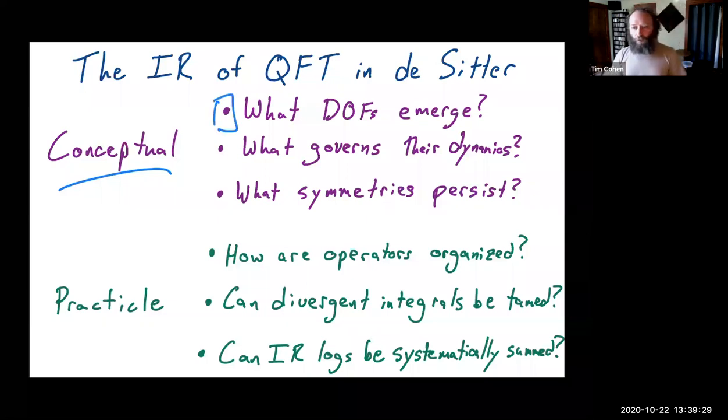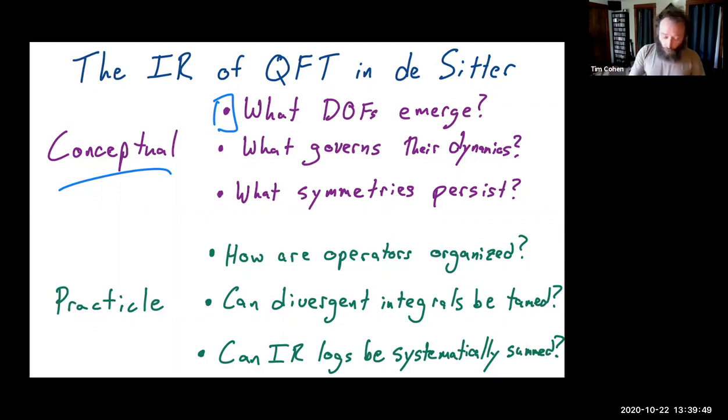We're going to ask this question: as we take the long wavelength limit, what are the degrees of freedom that emerge? Okay, so I'll make that very concrete. There will be a mapping between a UV scalar field and these IR modes, which are the objects that appear in the EFT Lagrangian. Then beyond that, once you have the modes, you want to know what symmetries persist.